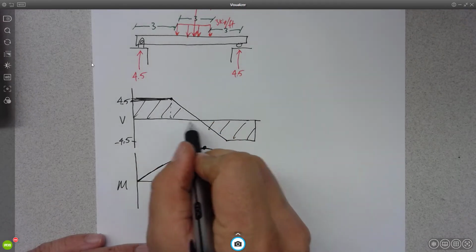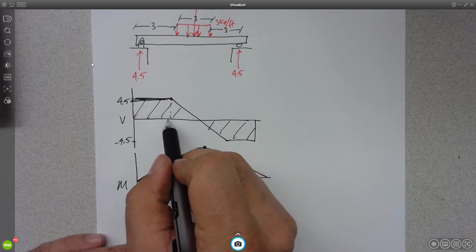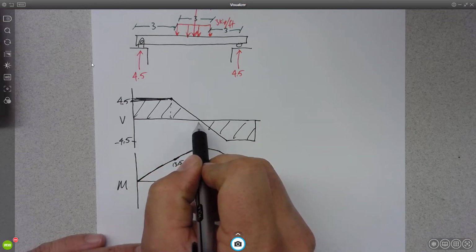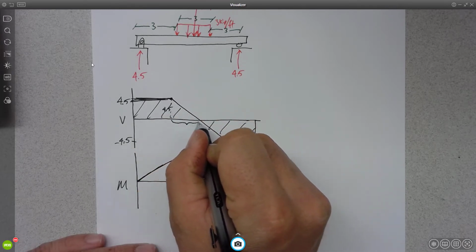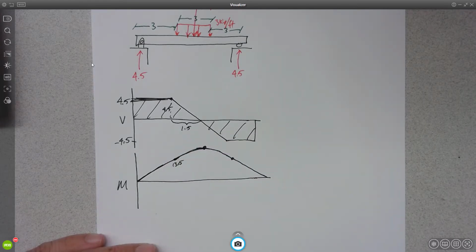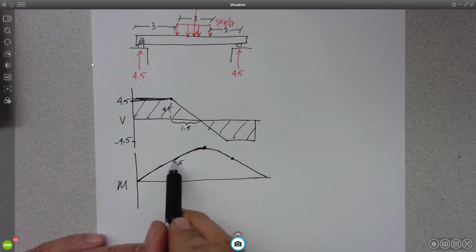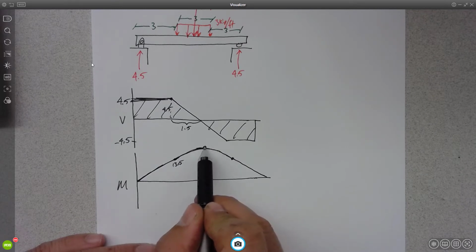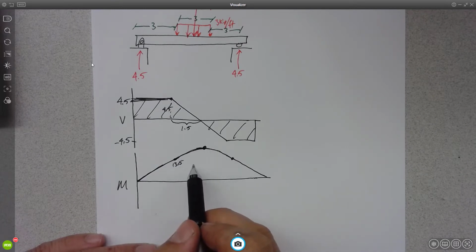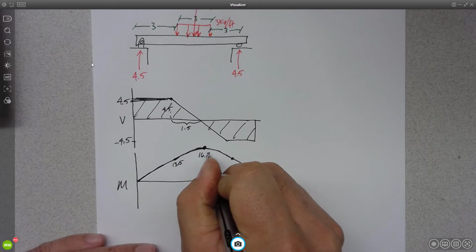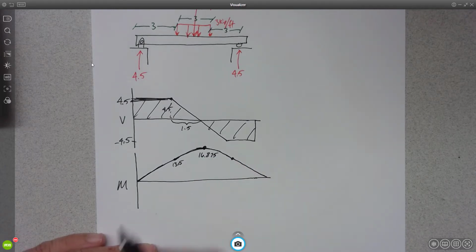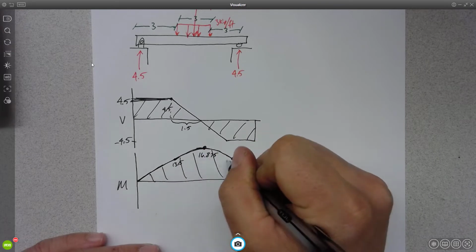So if I could find the area of this little triangle, which is 4.5 by 1.5 divided by 2, it has a height of 4.5 and this length is 1.5. So 4.5 times 1.5 divided by 2 is 3.375. That's the change as I go from 3 feet to 4.5 feet in the middle. So that'd make this 16.875. And we have our shear and moment diagrams.